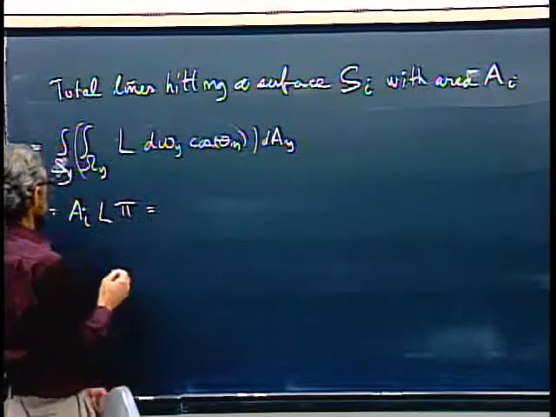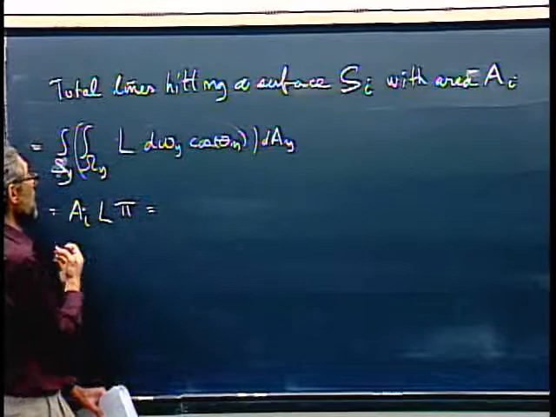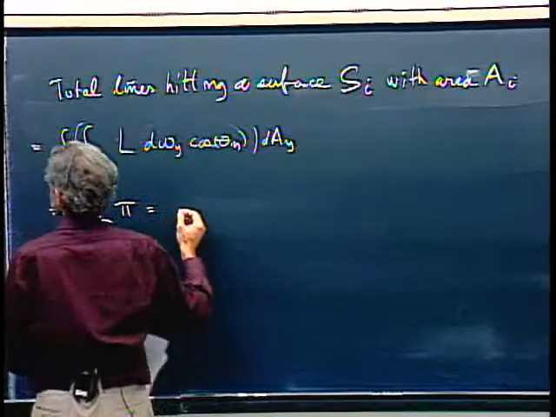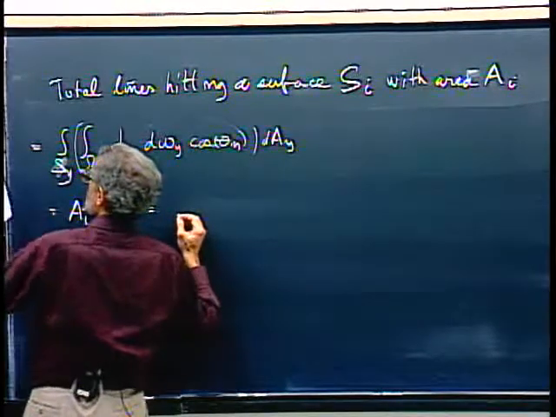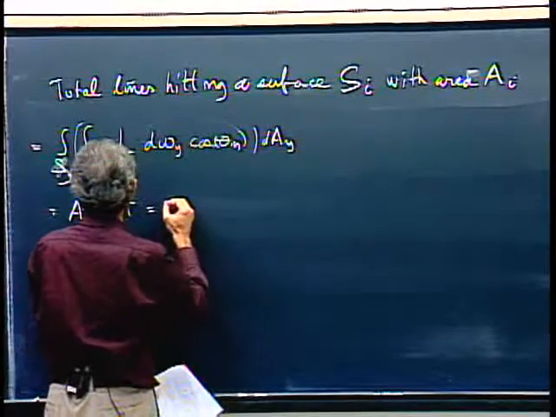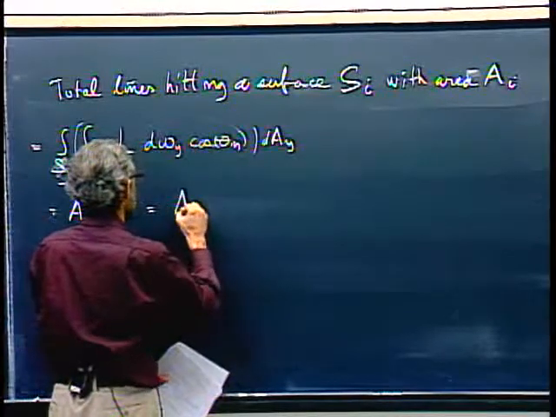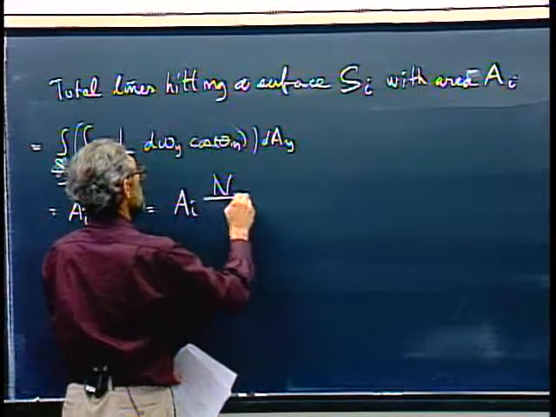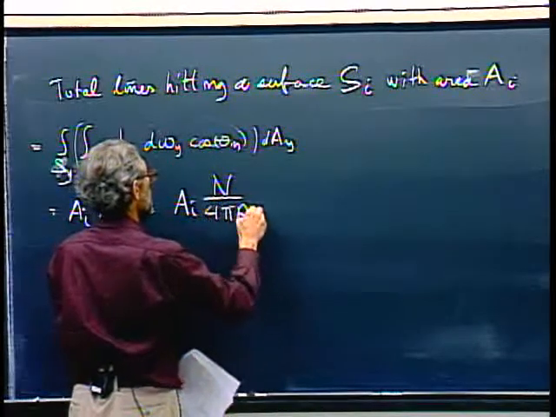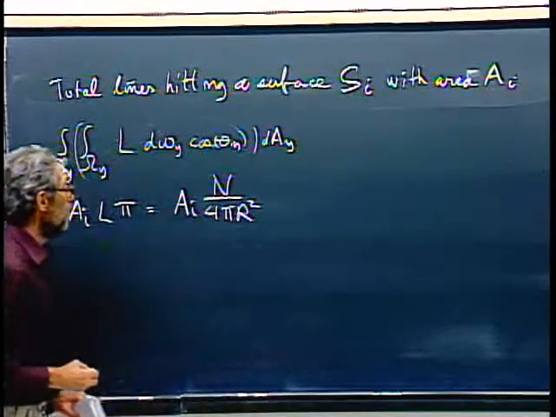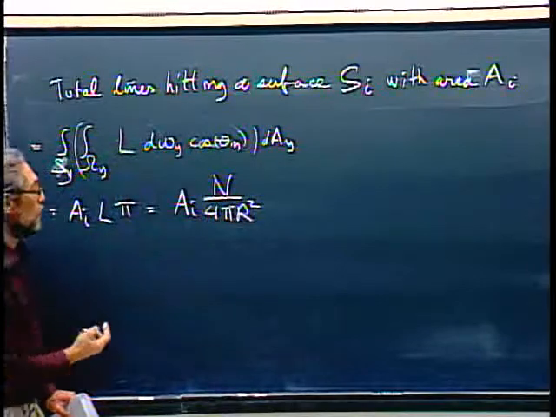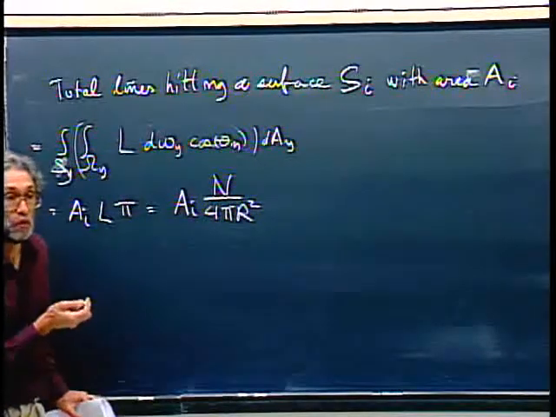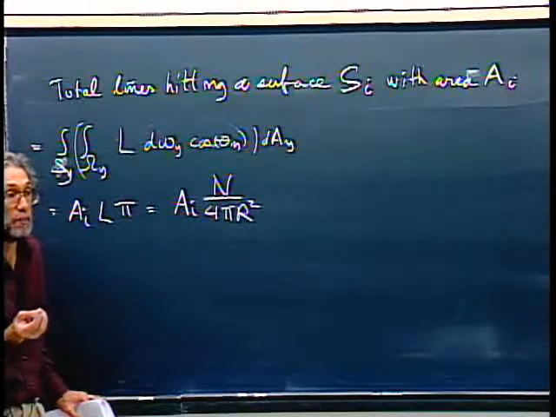Okay, so that's proportional to the area. And the proportionality constant, if I multiply this L by pi, I'm going to cancel one of the pi squareds in the denominator, and I'm going to get A_I times the factor N over 4 pi r squared. So the number of lines hitting any surface is proportional to that surface. That was one of the claims, the first one I wanted to prove.